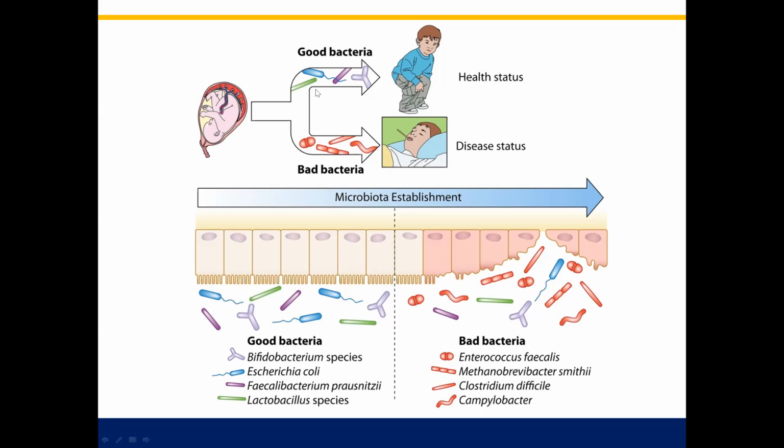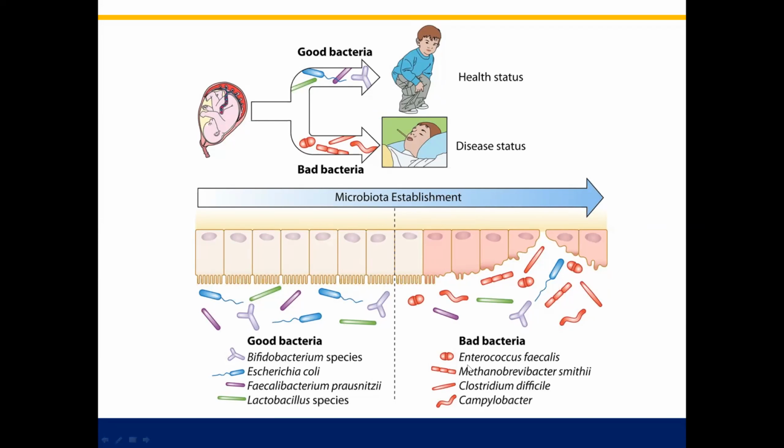Here there is one research study which says that babies born through C-section are more prone to asthma-like conditions, whereas a baby born naturally will have good bacteria which can give a healthy status to the individual. So this is an example where it leads to a breakdown of our epithelial cells and uptake of various kinds of bacteria, which can lead to different kinds of diseases.